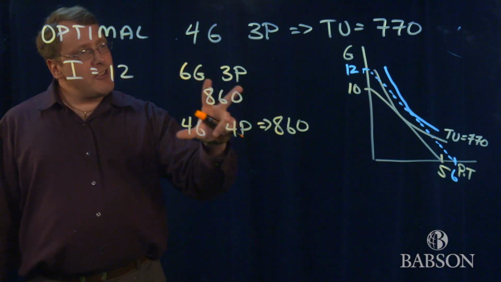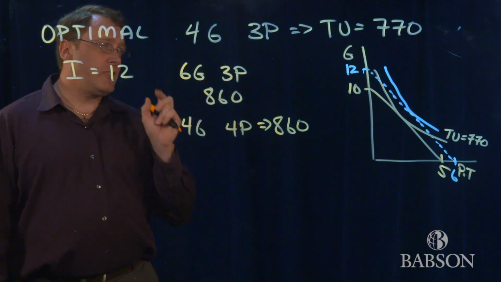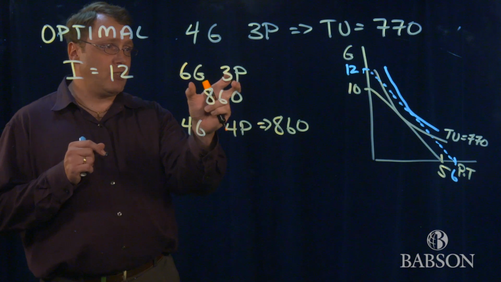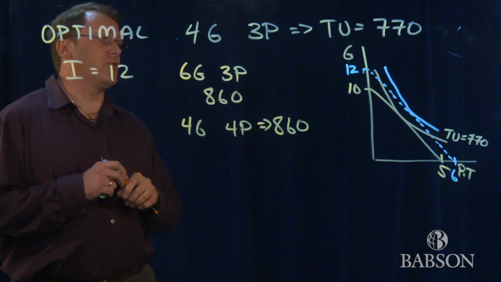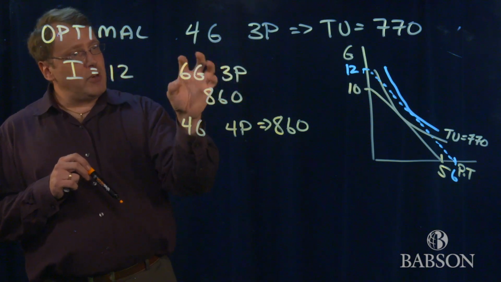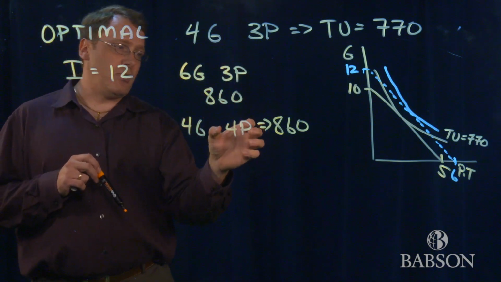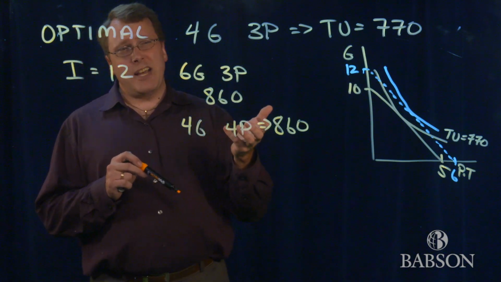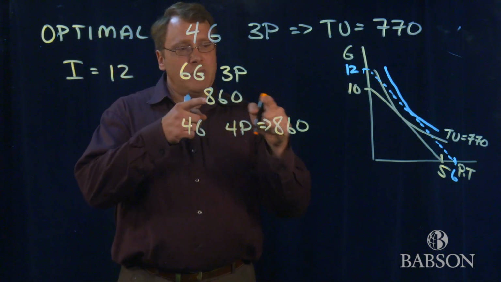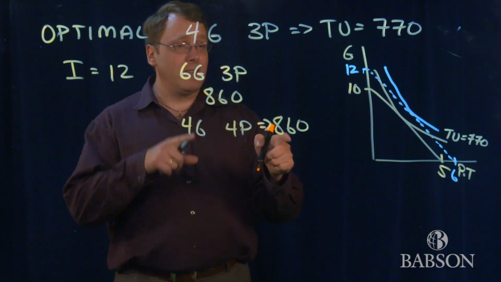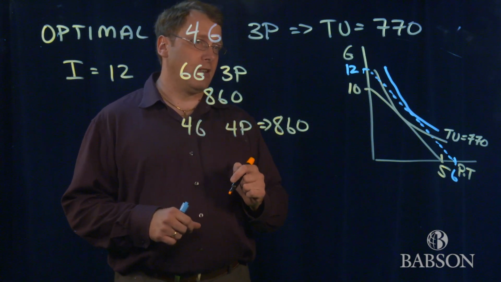However, there's another thing that we need to consider. Remember, we talked about that idea of different combinations of these goods, but we also talked about fractional units. This implies spending both dollars on granola or both dollars on Pop-Tarts, giving us the same level of utility. Well, what does that tell us? That these points are on the same indifference curve, and they're also both spending $12.